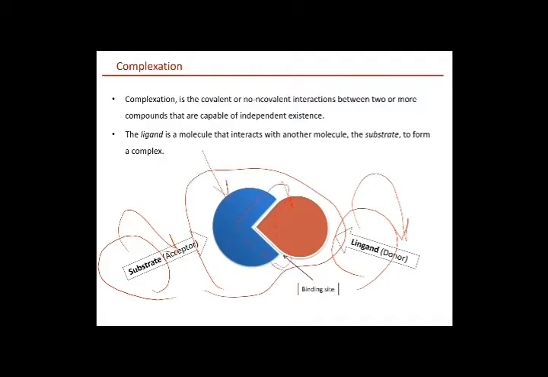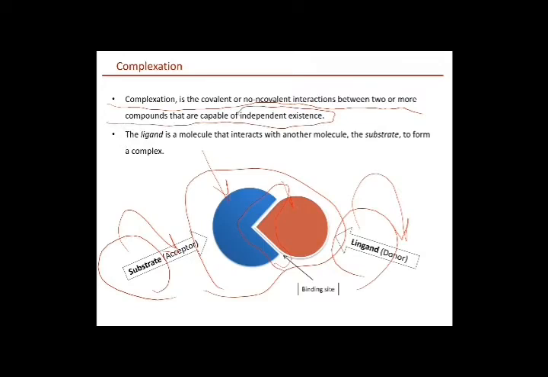binding site between them. So we can again define the concept of complexation as a covalent or non-covalent interaction between two or more compounds that are capable of independent existence.